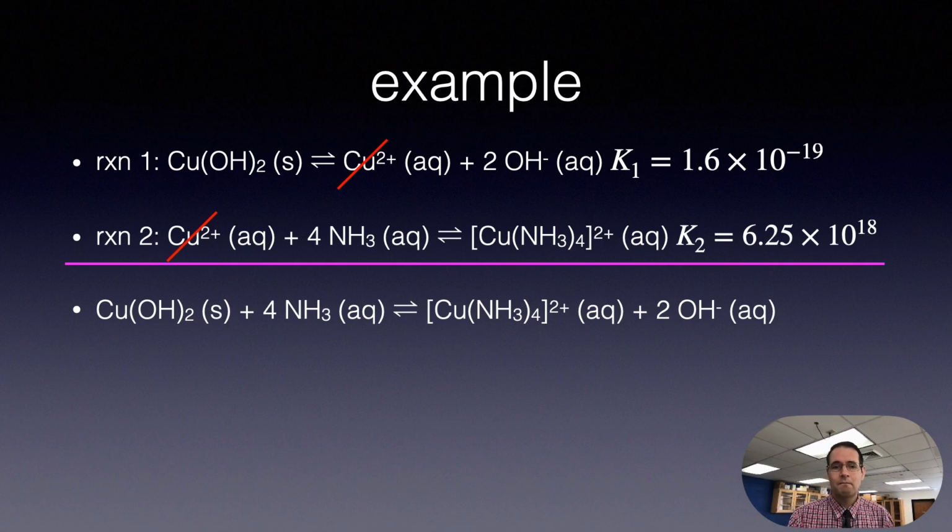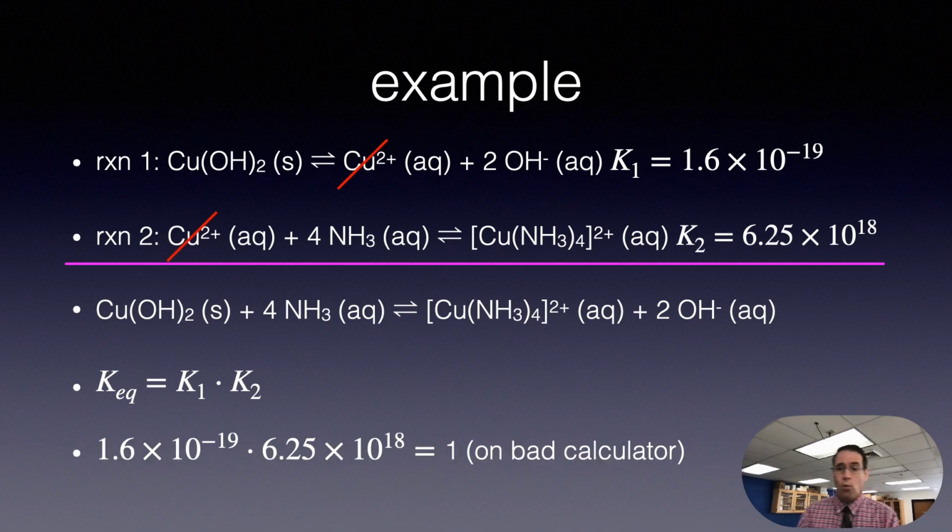Now what we want to do is use the product rule to calculate the value of the equilibrium constant for this combined reaction. So again, use your calculator and check what I get here. Whoa, I got 1 on a TI-37 calculator. That can't be right.